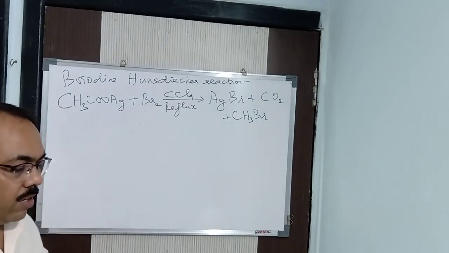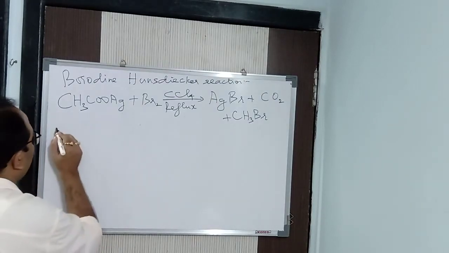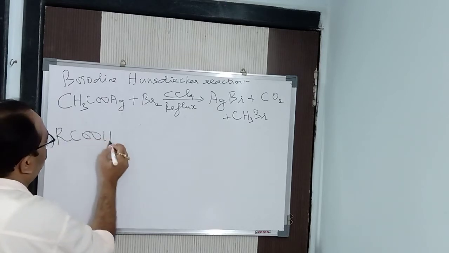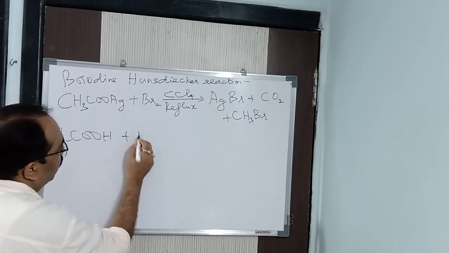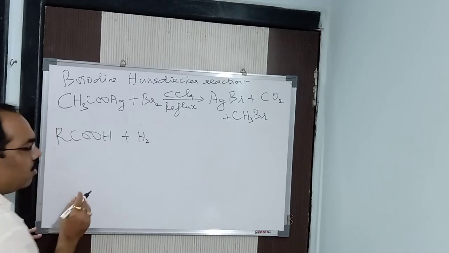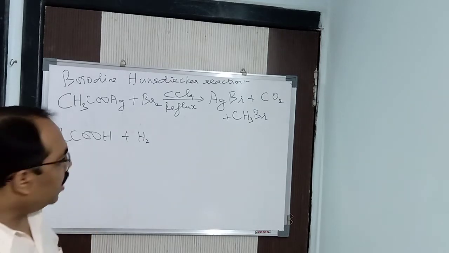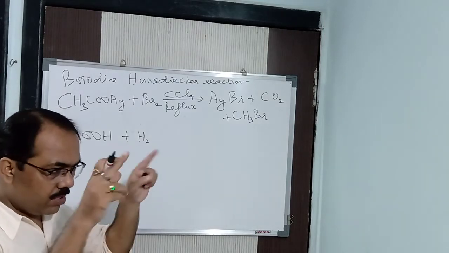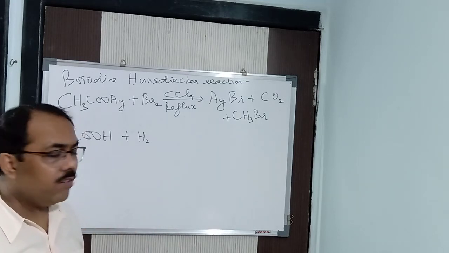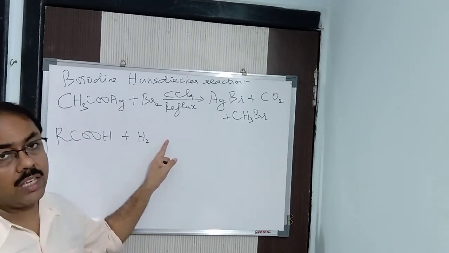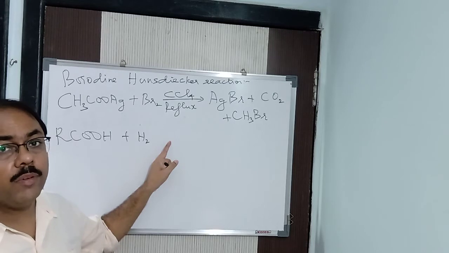So now here suppose I am taking RCOOH, and I can take either molecular hydrogen or nascent hydrogen. If I take nascent hydrogen, meaning H within square brackets, then you have to use a reducing agent like LiAlH4, lithium aluminium hydride.